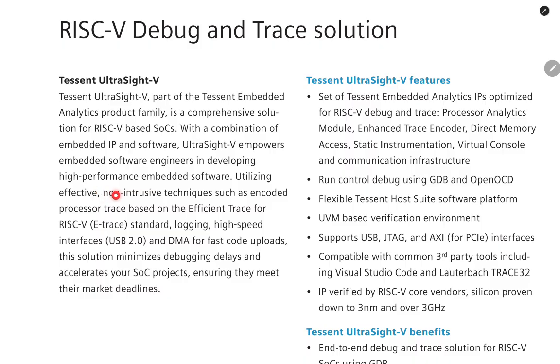Utilizing effective, non-intrusive techniques such as encoded processor trace, based on the Efficient Trace for RISC-V standard, allowing high-speed interfaces like USB 2.0 and a DMA for fast code upload, the solution minimizes debugging delays and accelerates your SoC products, ensuring they meet their market deadlines.